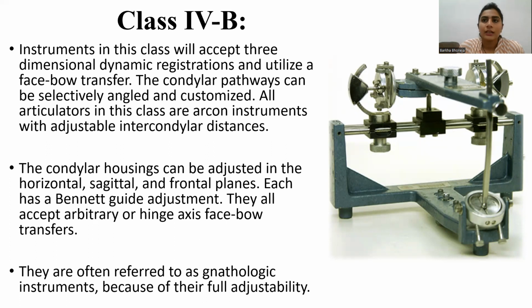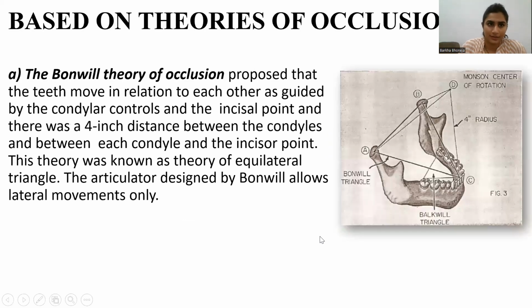Gnathologic means that gnatho refers to all the tissues and structures like the muscles of mastication; when your instrument is in harmony with all of these structures, it is called a gnathologic instrument. And gnathology is the study of all of these tissues of the mouth, because of their full adjustability.